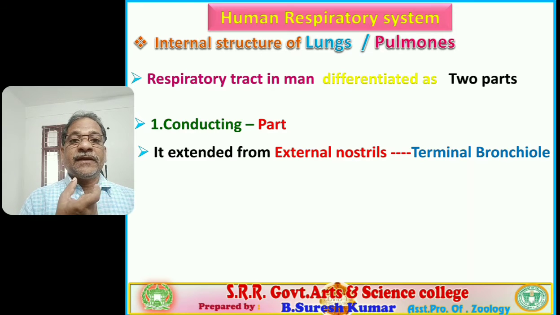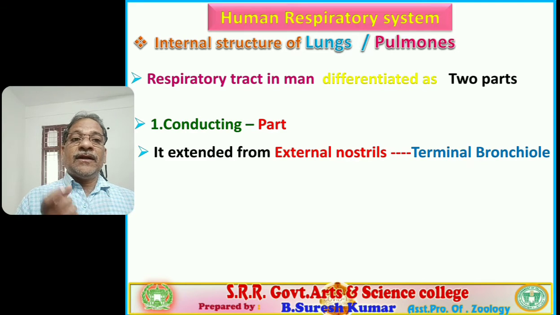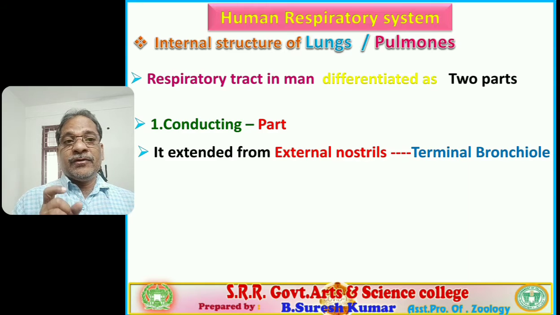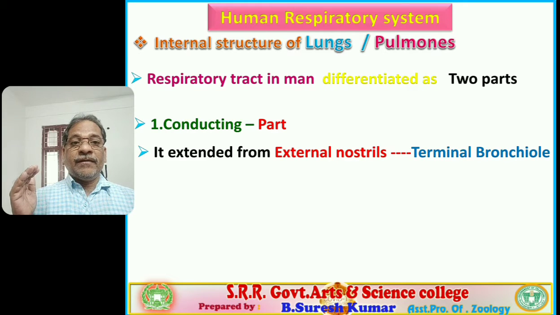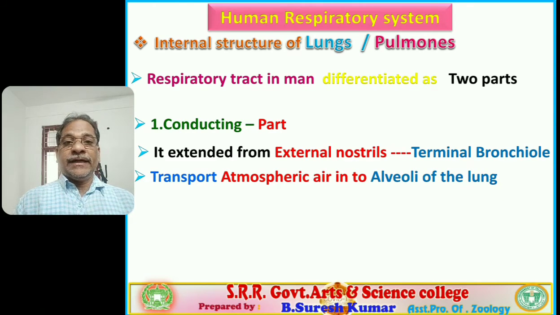Such holes are called nostrils. Already we learned external nostrils. The conducting part extends from the external nostril up to the terminal bronchiole, remember, up to the terminal bronchiole. So many tubes are involved in this path. All these parts come under the category of conducting part.